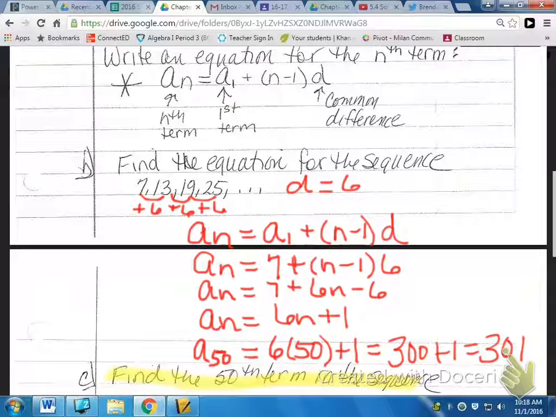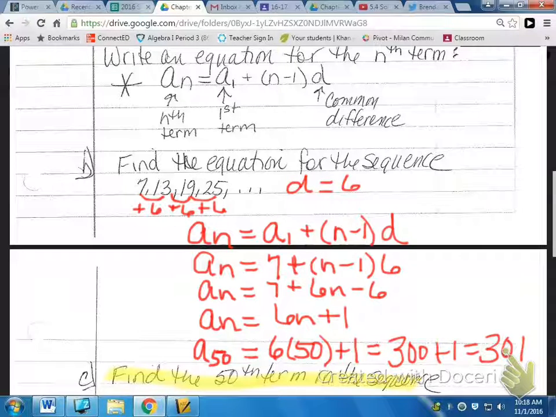You're going to need to know the common difference, and you're going to need to know the first term, which you should be given in the list. You make the equation for any generic term n. Then once they ask for the specific one, you plug that number in place of n and evaluate it. So 301 would be the 50th term in that sequence.